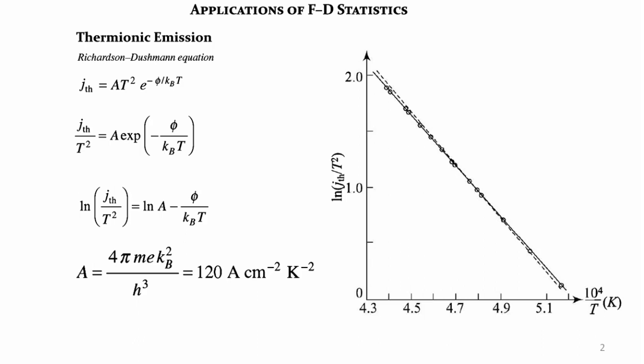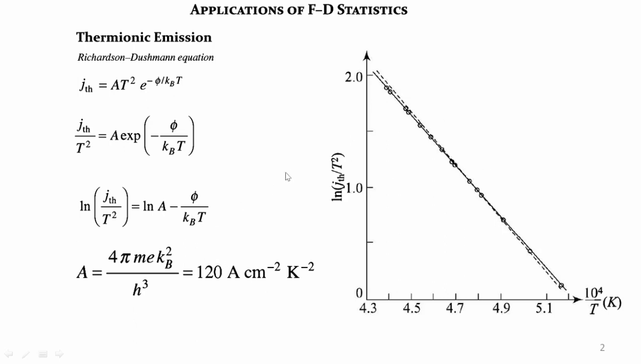So if this is so, then from this graph what we can find out is that the slope of this graph will be related to phi and k_B. So this is constant, and the slope m is actually related to the work function.